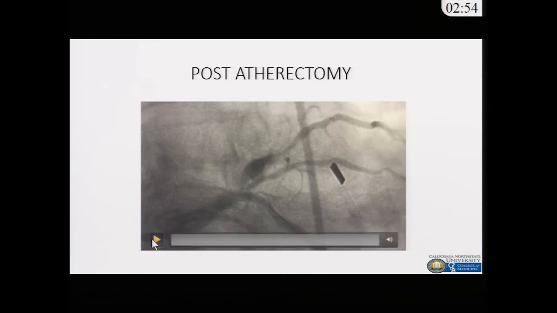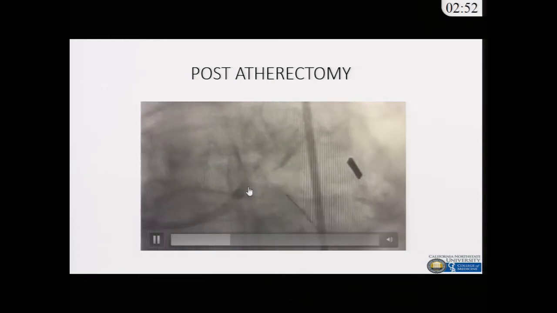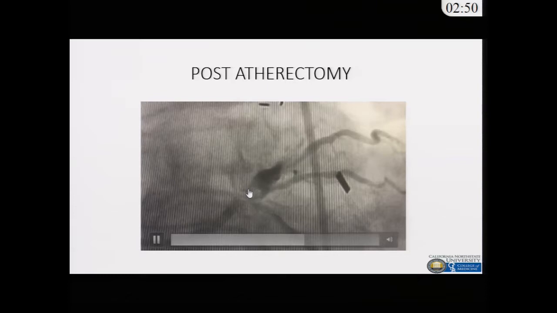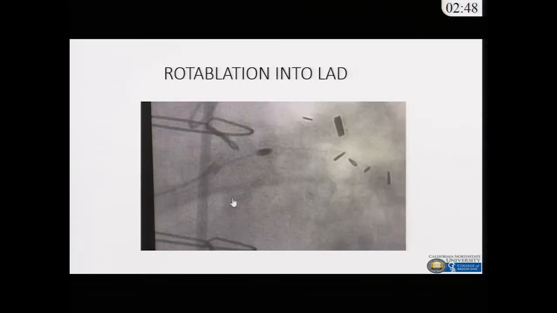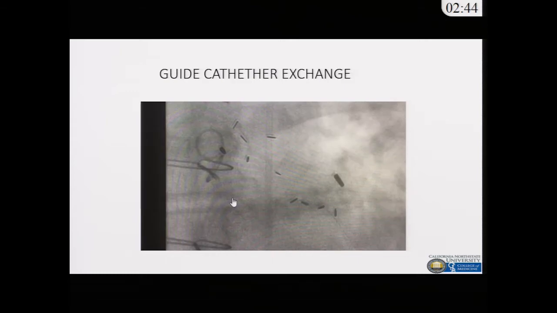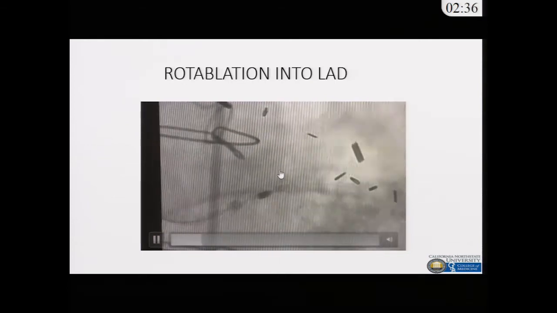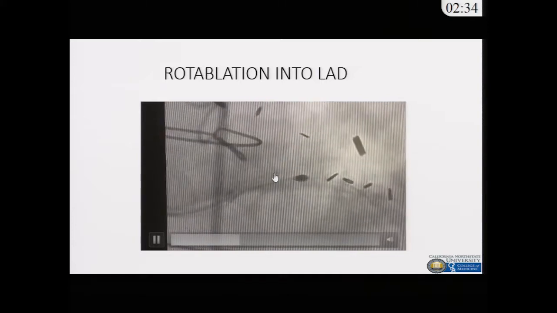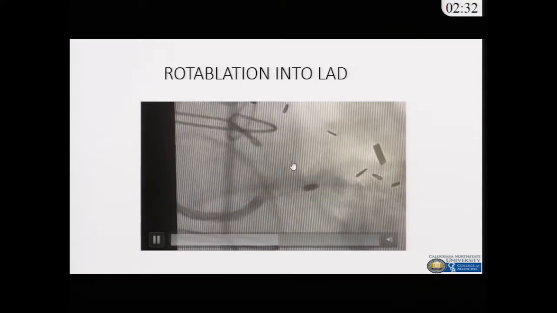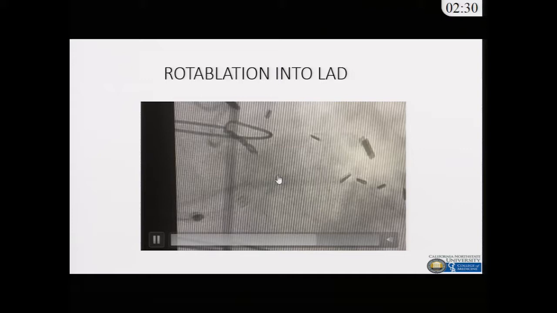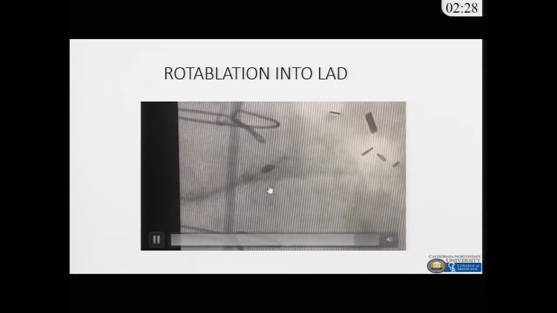After atherectomy, you can see that the channel is a little bit better into the LAD. We're able to facilitate and do rotablation into the LAD, again, with a little bit more prolonged placement of the burr in the LAD or the lesion.